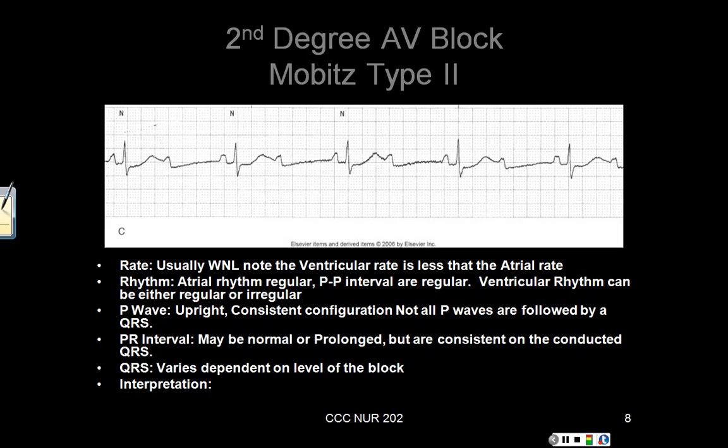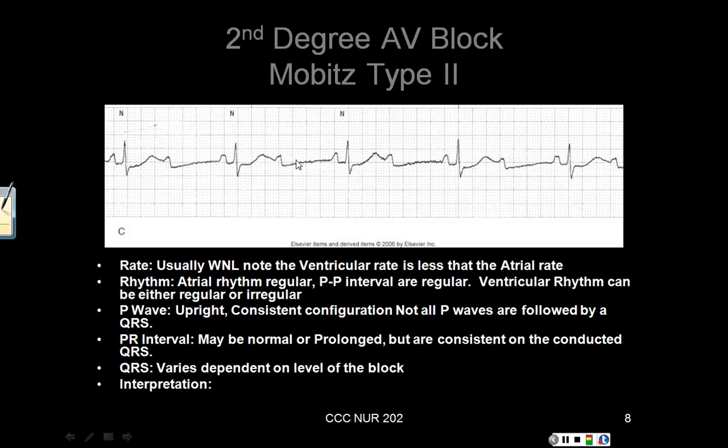If you look at the strip that we have here, you will notice that the R-to-R's are equal and we have a regular ventricular rhythm. Let's look at our P waves. P waves are typically upright, consistent in configuration, but not all P waves are followed by a QRS complex. Again, not all P waves are followed by a QRS complex. So we can see a P wave, QRS, P wave, no QRS, P wave, QRS, P wave, no QRS.